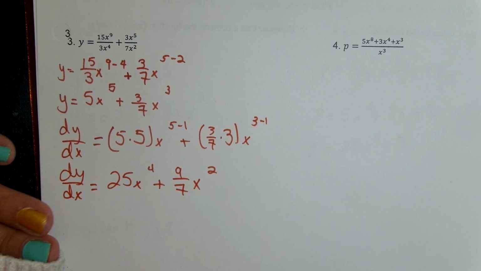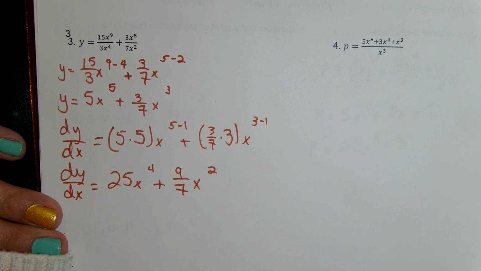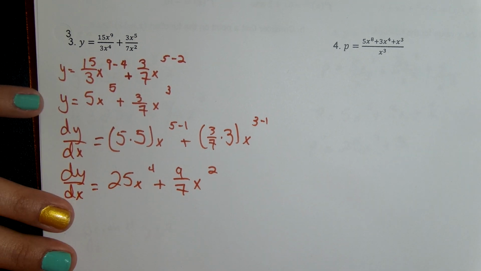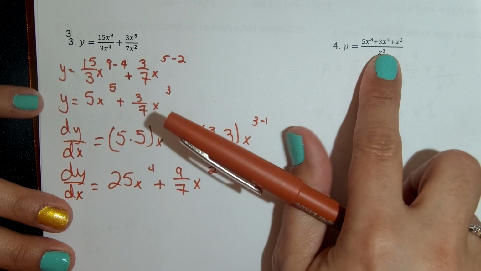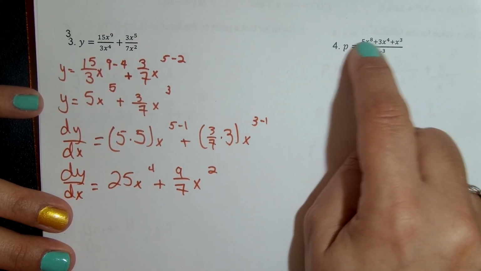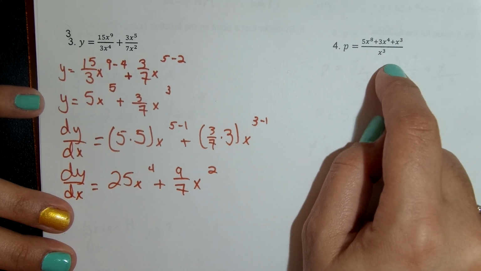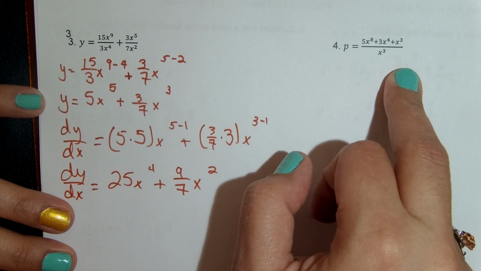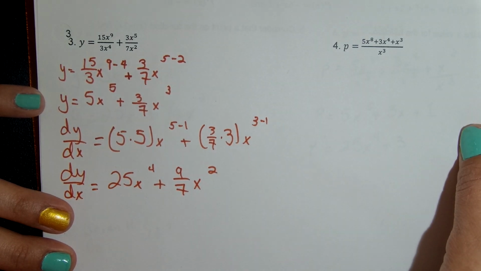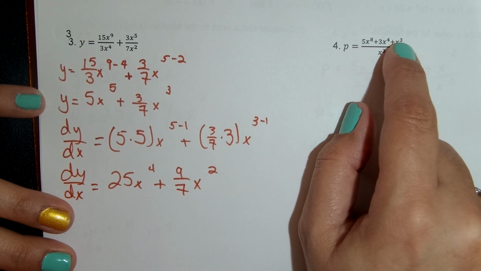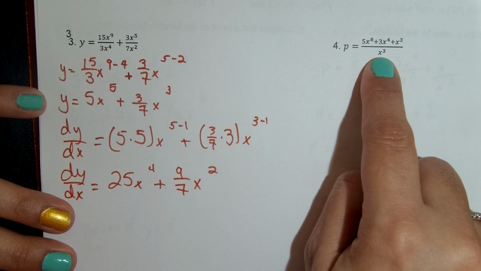Okay? This is a fraction, obviously, and in math, if we have multiple terms in the numerator and the denominator, we can split up a fraction like this into multiple fractions. So I can put each term in the numerator divided by the denominator.